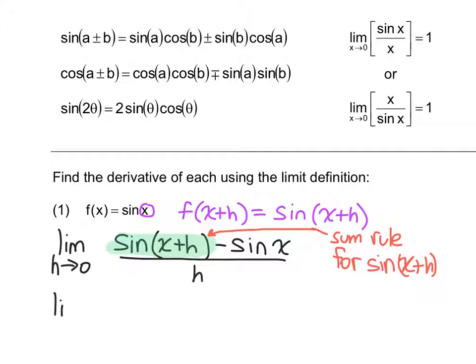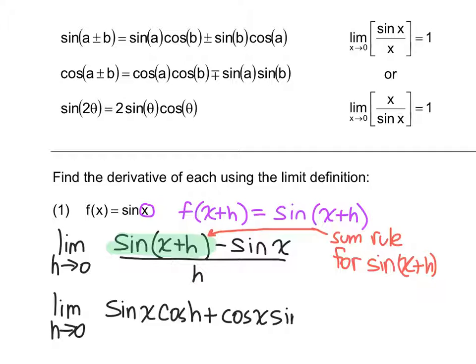So limit as H approaches 0 of sine X cosine H plus cosine X sine H. All right, so that's the full-blown expansion.